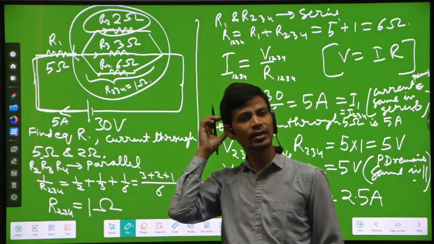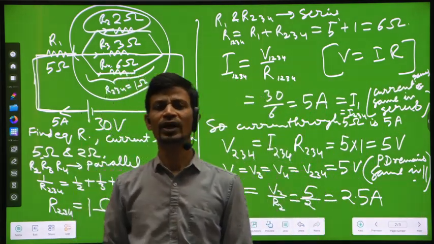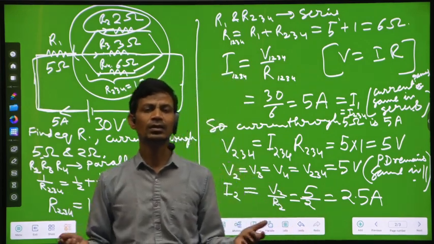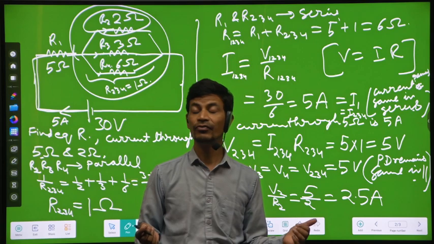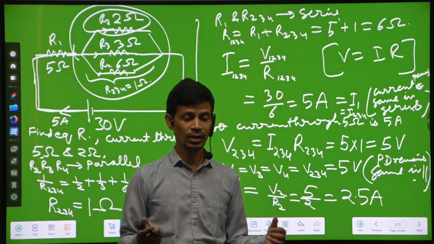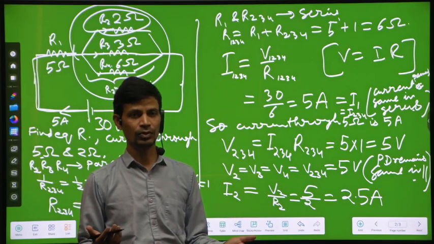So ultimately, if we want to find the current through any component, first we need the potential difference across it, and if we want to find the potential difference across it, we need the current through it.